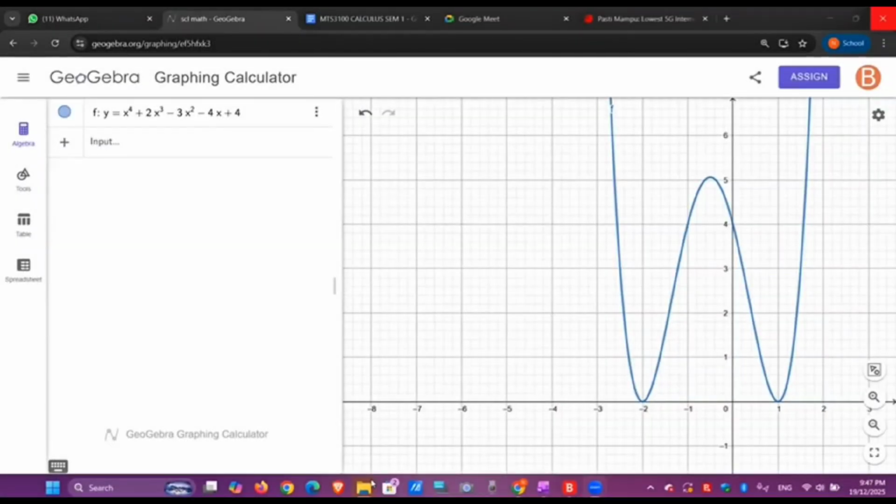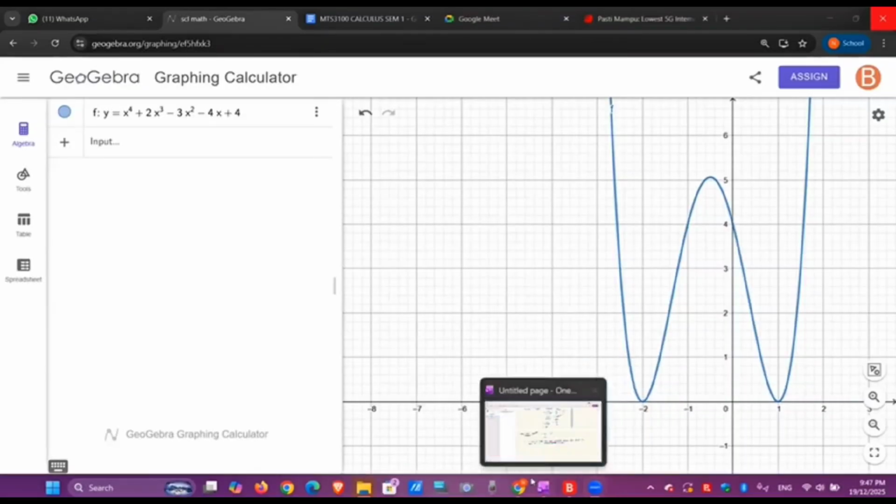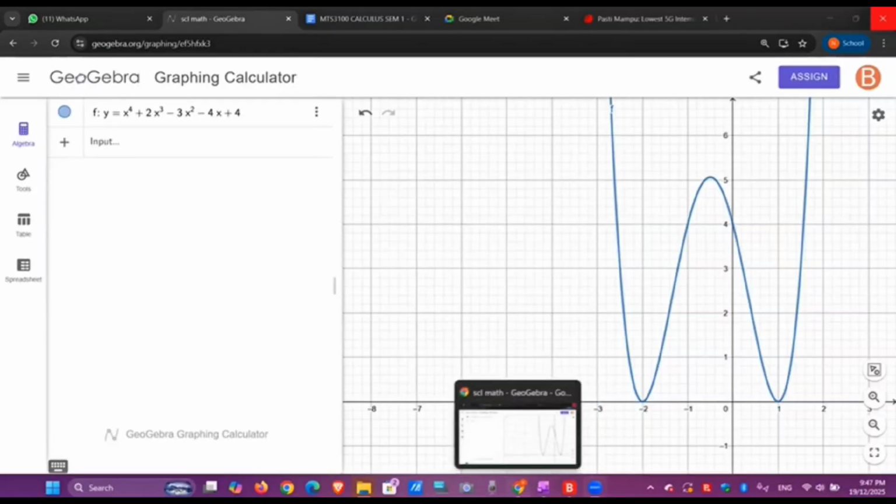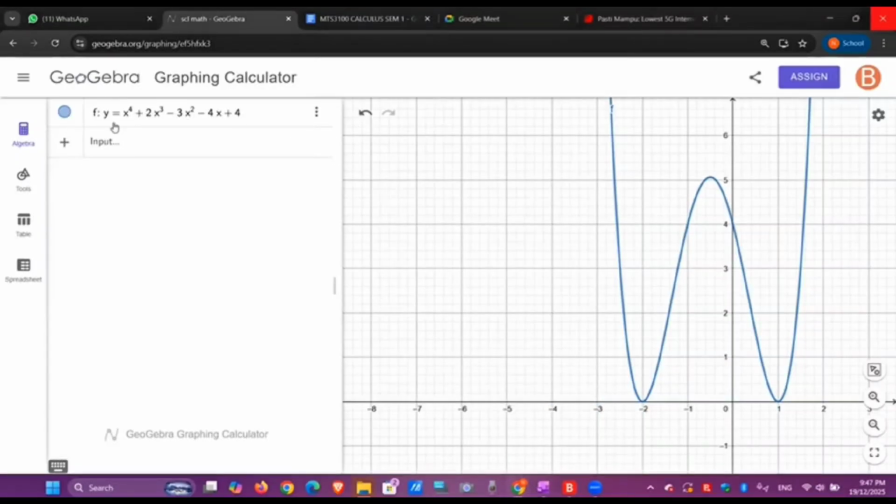Okay, so now let's see how to plot a graph of the polynomial function given using GeoGebra. First of all, we have to insert the polynomial function, which is x to the power of 4 plus 2x cubed minus 3x squared minus 4x plus 4.